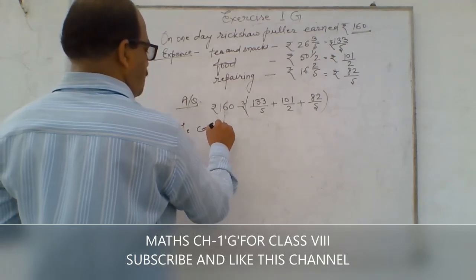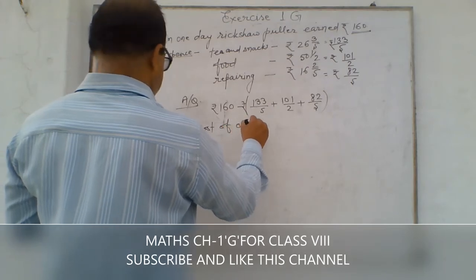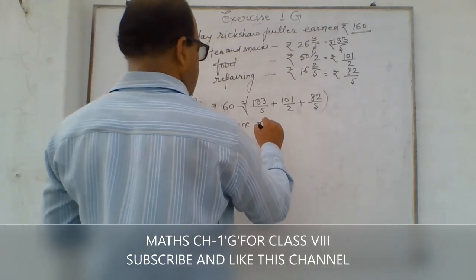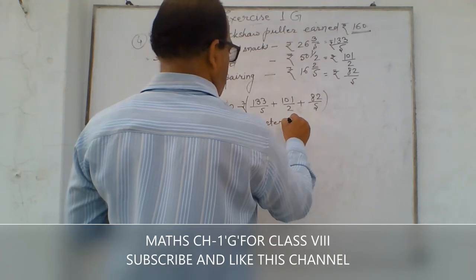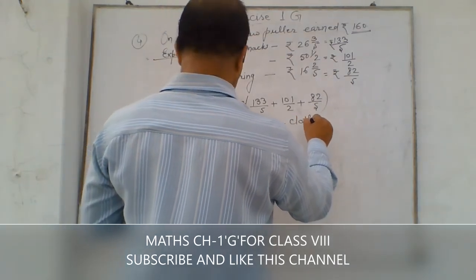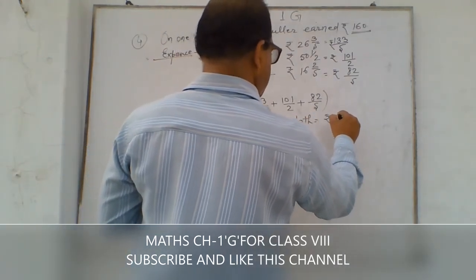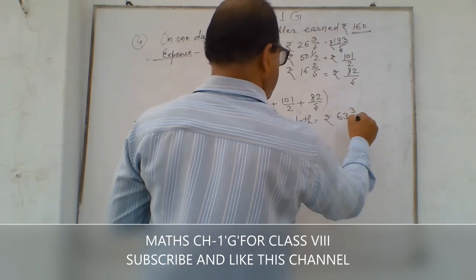The cost of 1 meter cloth is equal to rupees 63 whole 3 by 4.